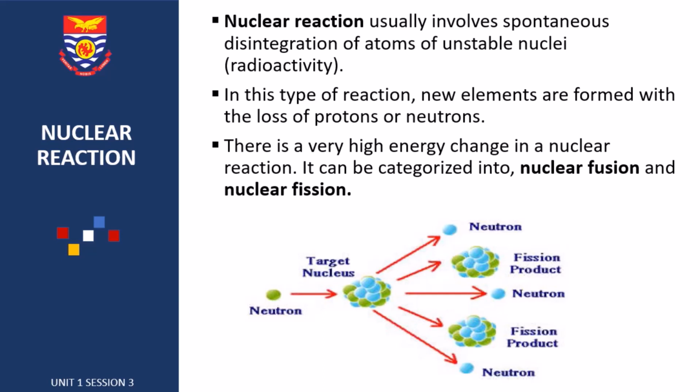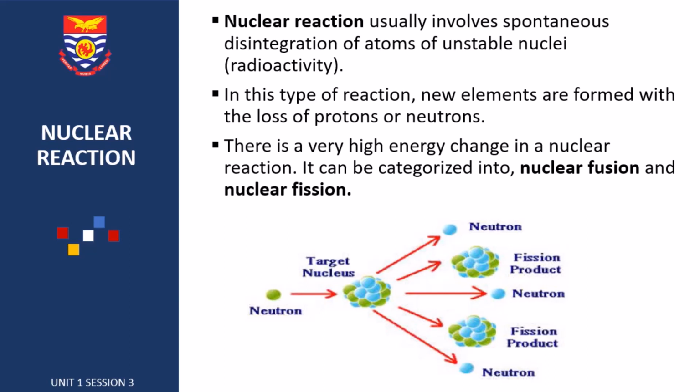Nuclear reactions can be categorized into two forms. They are nuclear fusion and nuclear fission. So, as we are saying, there are two types of nuclear reactions: nuclear fusion and nuclear fission.